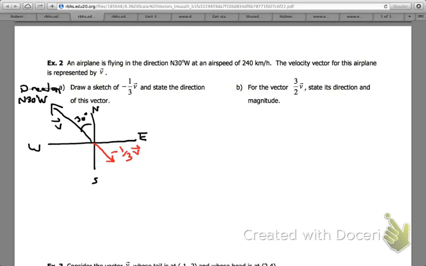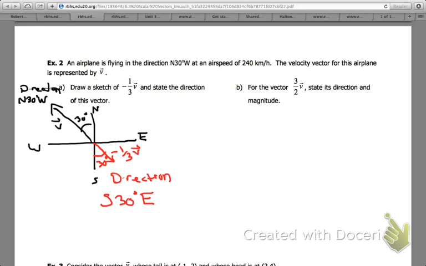Now we just do the complete reflection, and therefore, this is going to be our new direction. So the direction in this case is south 30 degrees east. So now that is our first part of this example.